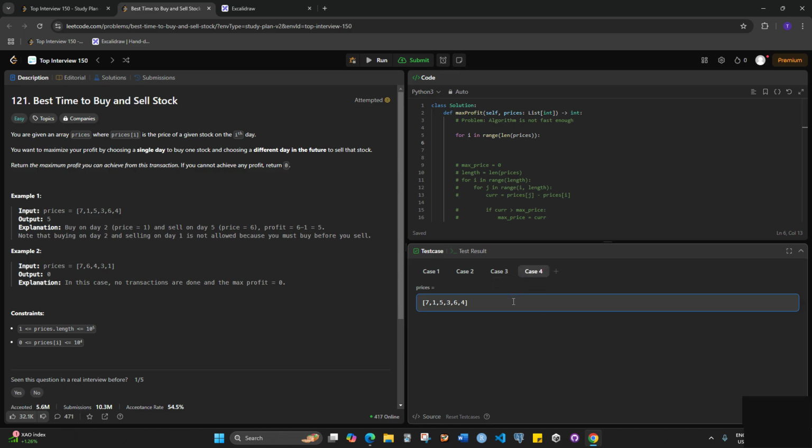Let's try a simpler case then. What if we just have 1, 3, 5 for now? How would my algorithm know that 1 and 5 would be the optimal ones?